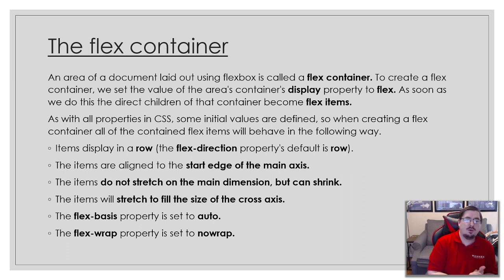When we're talking about Flexbox, the area of a document laid out using Flexbox is called a flex container. The flex container is what contains the items that are going to be, quote unquote, flexed.